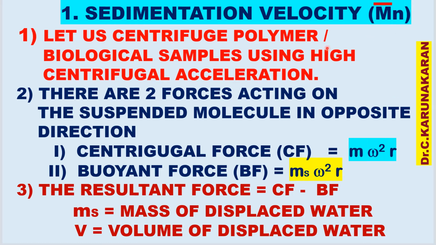Let us spin the polymer sample or biological sample using high centrifugal acceleration. What is ultracentrifugation? The rapid spinning of a sample is called ultracentrifugation. There are two forces acting on the suspended molecule on centrifugation in opposite directions.